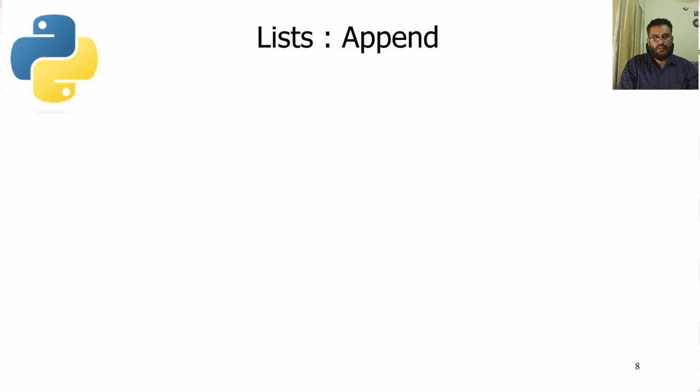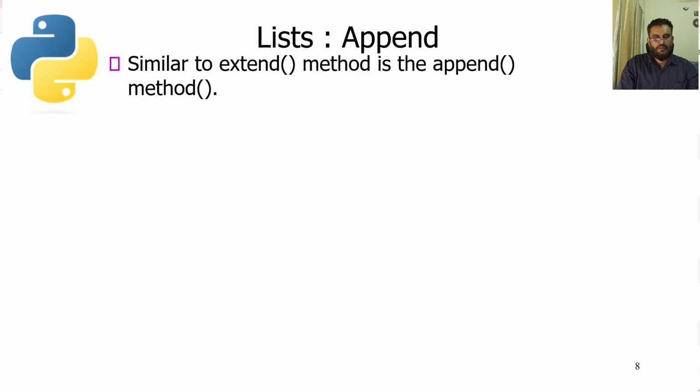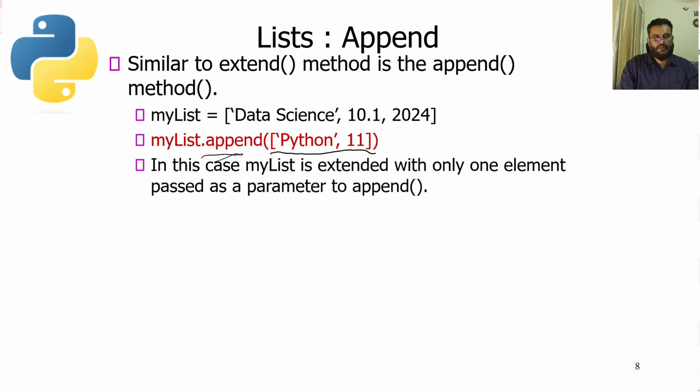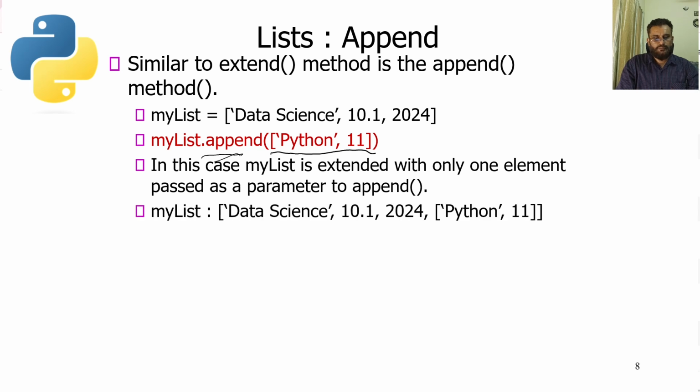A similar operation is the append operation. If I invoke the append operation, it will not create 2 different elements. It will append the parameter passed to the append method as a separate element to the list, which is my list in this case. So my list will now have 4 elements, and at the third index, 0, 1, 2, at the third index, it will have Python and 11 stored in it as a list.